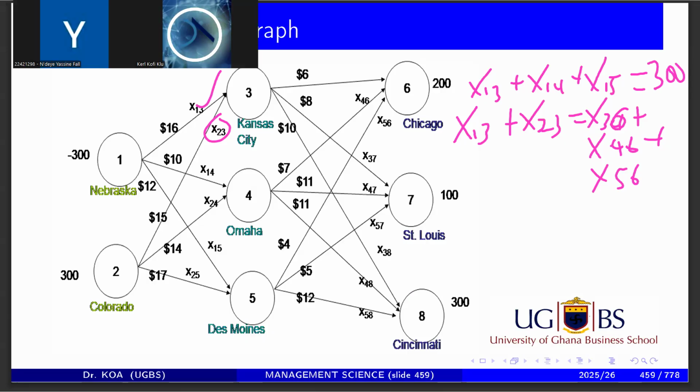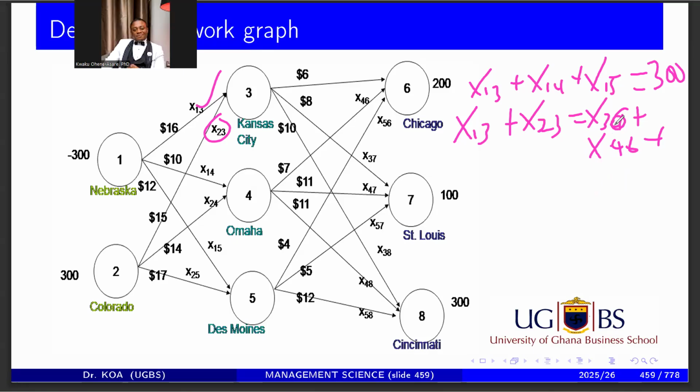What you said, x46? Isn't it supposed to be x37 and then x38, the ones that are leaving? Oh, yes, it's true. So let me just rewrite that.